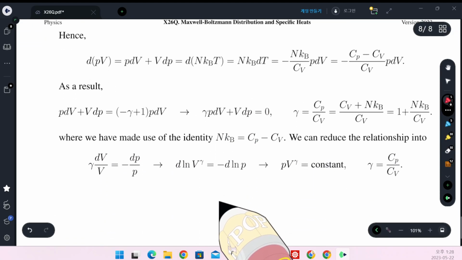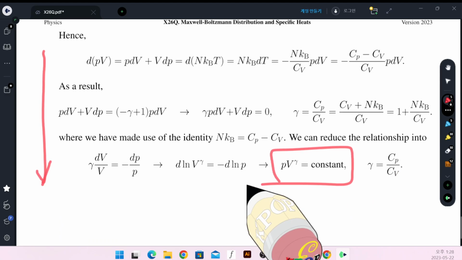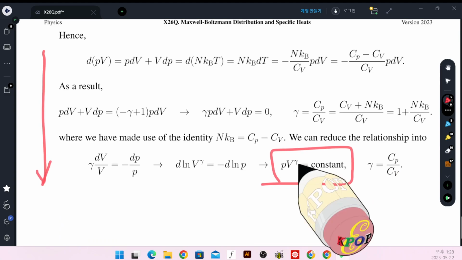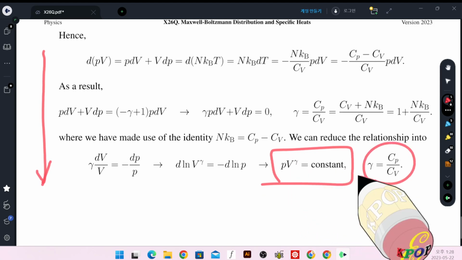Using these kinds of identities, you can obtain various relations. At the end of the day, you will find that in an adiabatic process, P multiplied by V to the power gamma is constant, where gamma is Cp over Cv. Okay, that's it for today. Thank you.